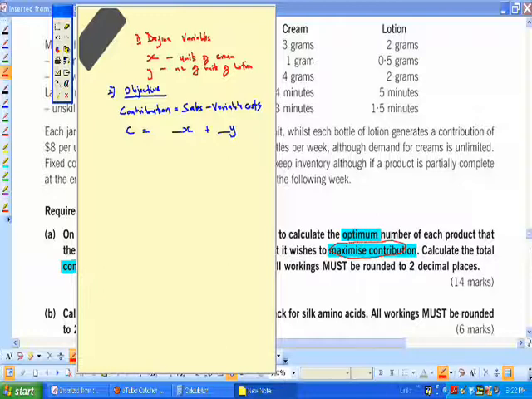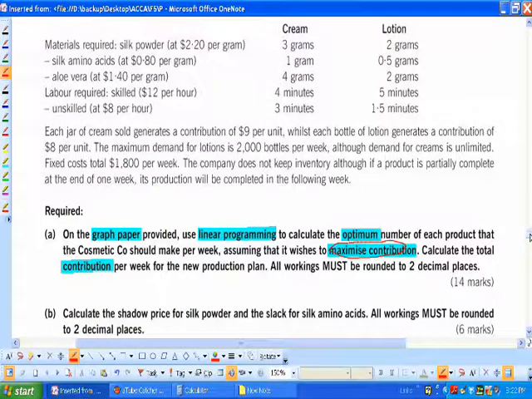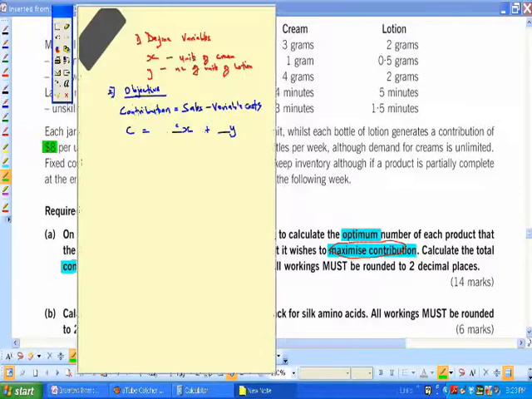If you read carefully through the question, this information has already been provided. If you look at this last paragraph, you can see each unit of cream has a contribution of 9, and each bottle of lotion has a unit contribution of 8. So C is 9x plus 8y.